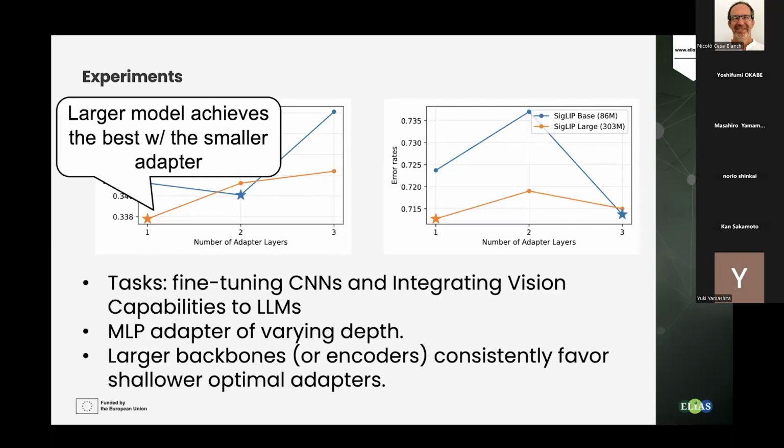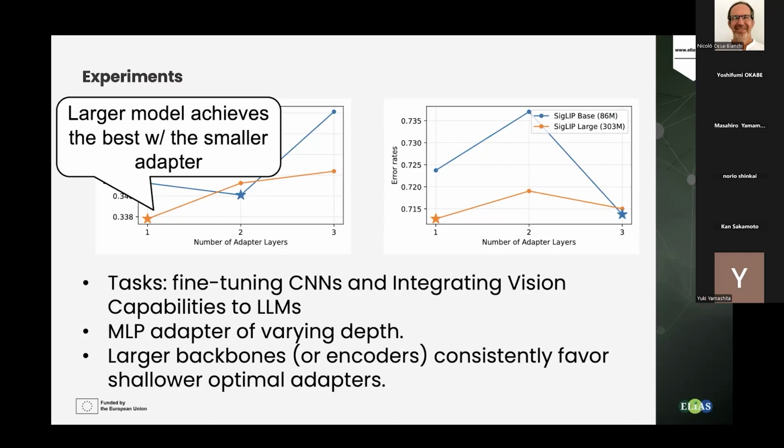And experiments. We are carrying out experiments on fine-tuning CNNs and integrating vision capability into LLMs. In both cases, we are inserting MLP layers, adapter layers with varying depth, into different size models. The blue line corresponds to the smaller model, and the orange line corresponds to the larger model.